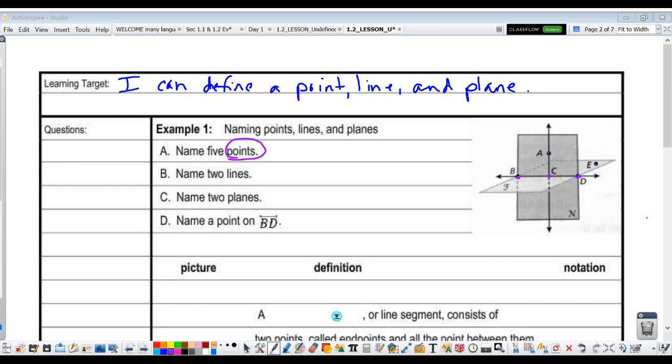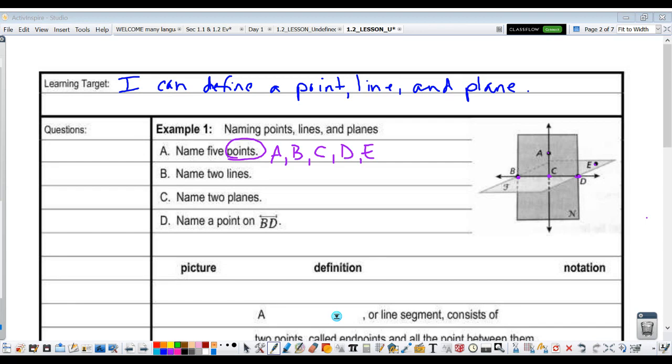Letter F is a cursive capital letter F, and there's no point. So that is a name. Capital letter F is the name of a plane, as well as capital letter N. There's no point. That's a name. So I'm going to name, let's see, 1, 2, 3, 4, 5. So points A, point B, point C, point D, and point E.